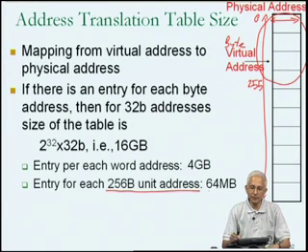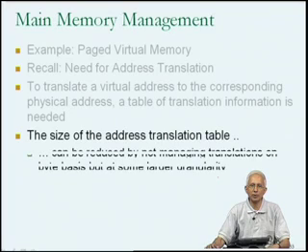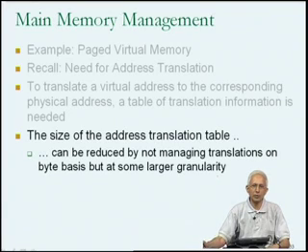And if we do this, then the size of the table comes down to a more manageable 64 megabytes. So this is generally the kind of idea we are going to look at in the case of paged virtual memory. Since the size of the address translation table is the problem, a possible solution is by not maintaining the address translations on a byte by byte basis, but rather at some larger granularity, such as the 256 byte granularity which I had suggested.